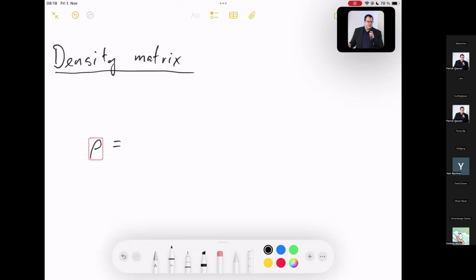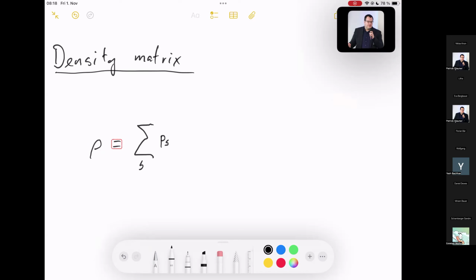And we can say it's a sum of pure states, and we have for each state a probability p_s. What we will calculate now is the outer product of the pure state.